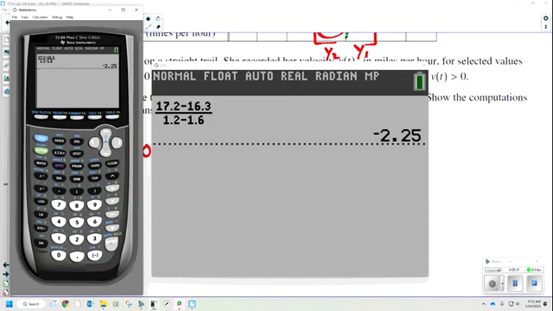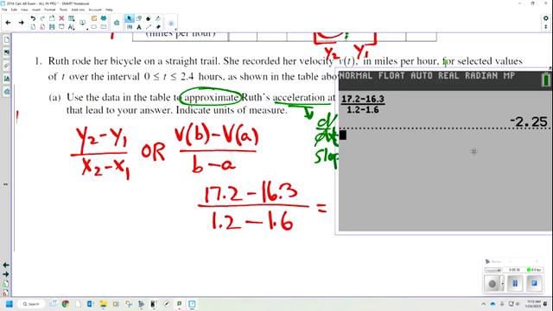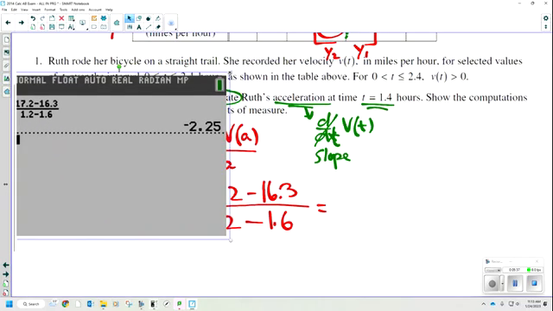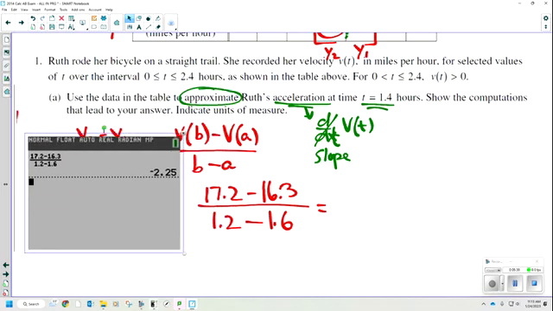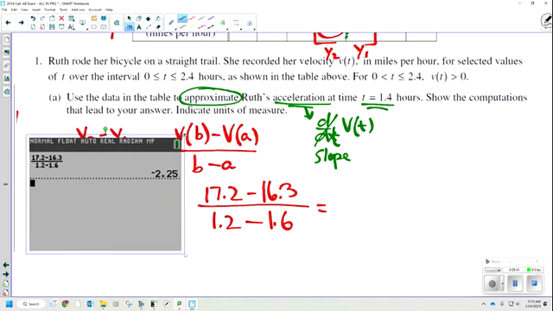And there we go. I want to drag this down here just for the sake of having it. My answer would be negative 2.25.